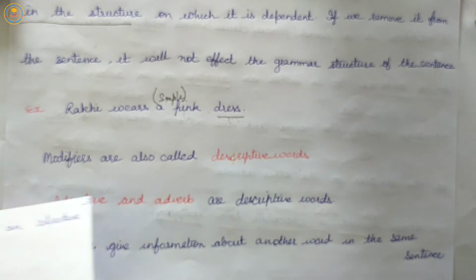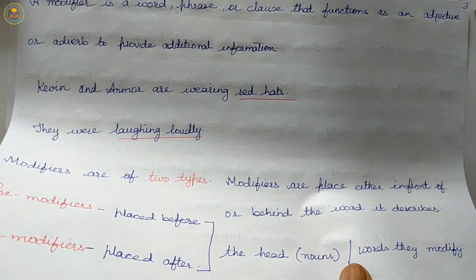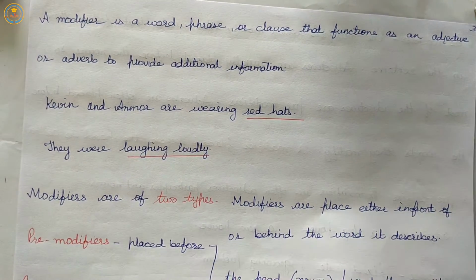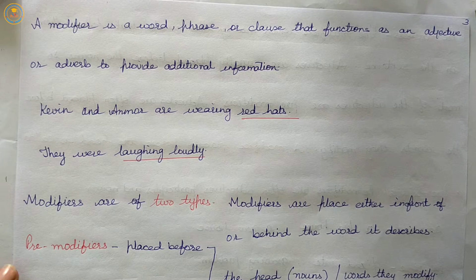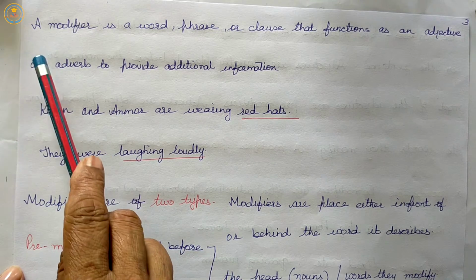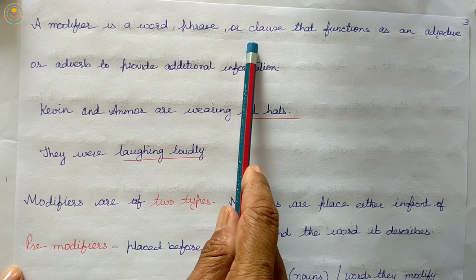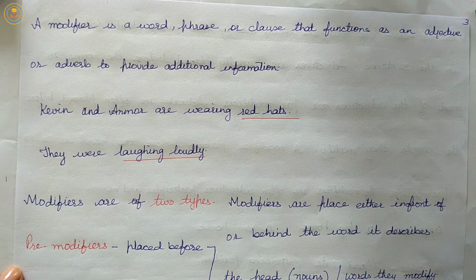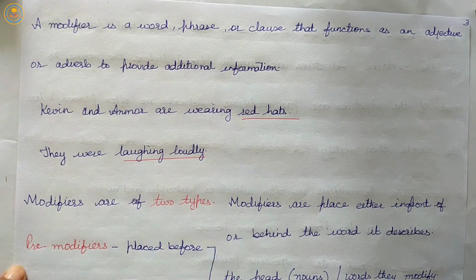So, we can say that a modifier is a word, phrase or clause that functions as an adjective or adverb to provide additional information.